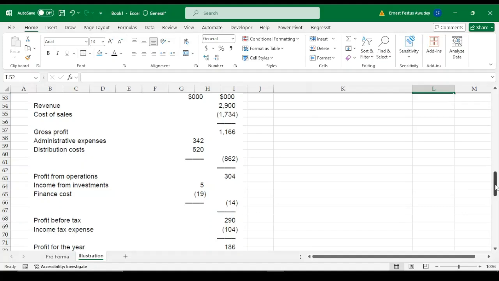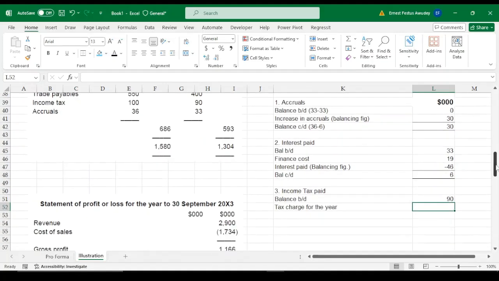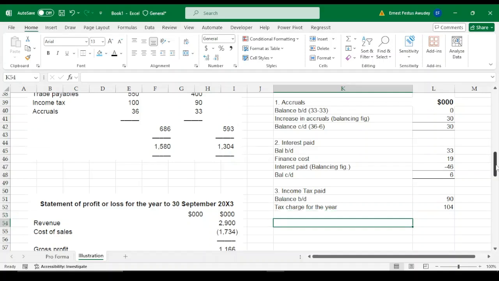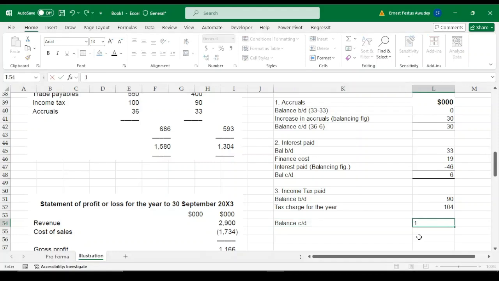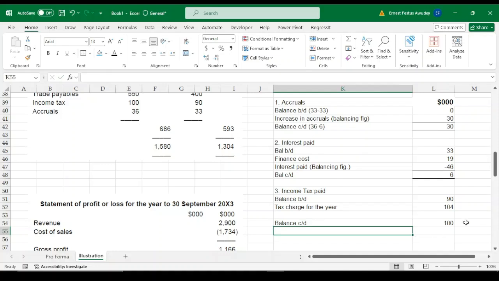So I'm going to add that to the beginning figure right there, 104. And then at the end of the period, our tax liability is 100,000. So I'll have here balance carried down, and that is 100. Okay, and that is the balancing figure. So I'll put that around that.